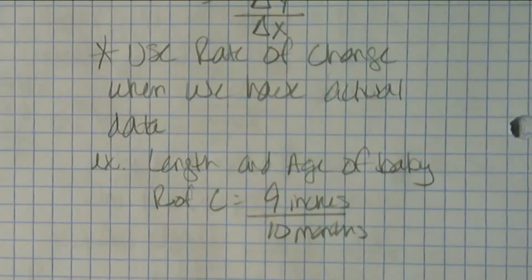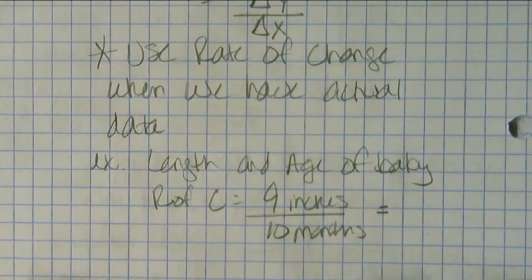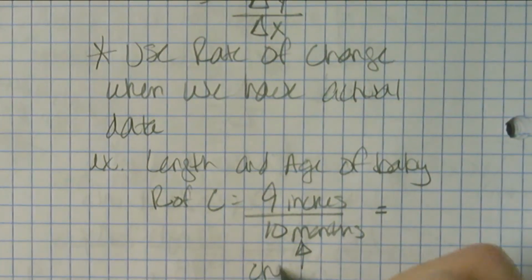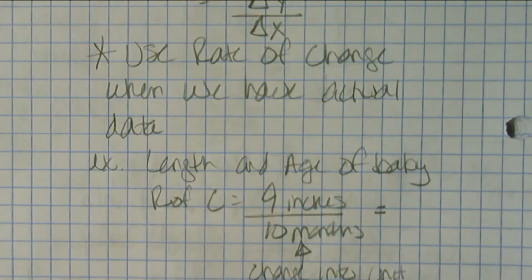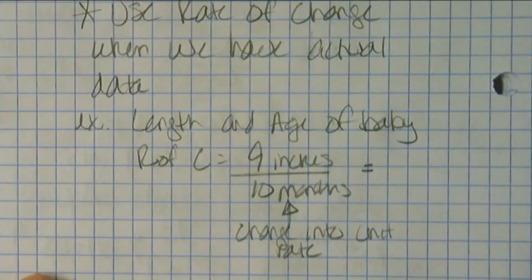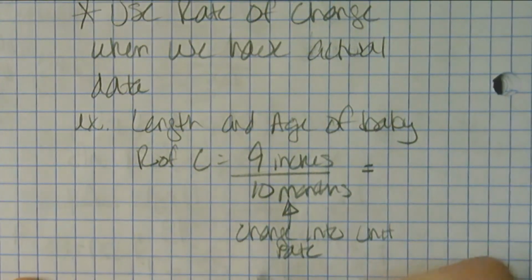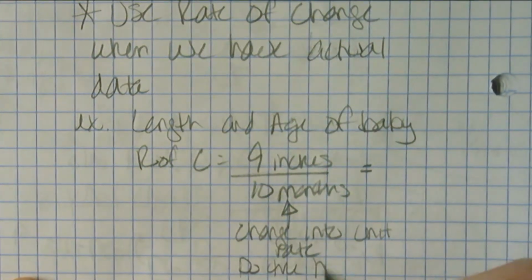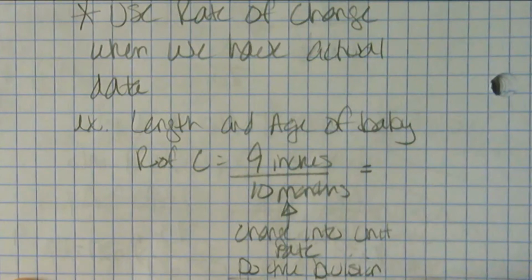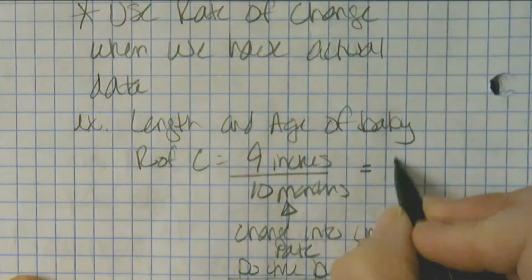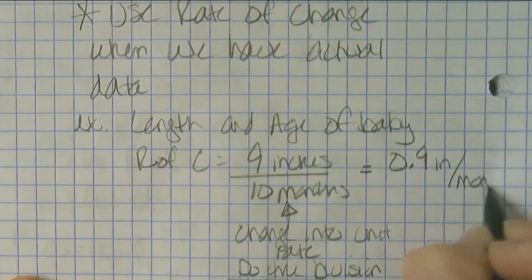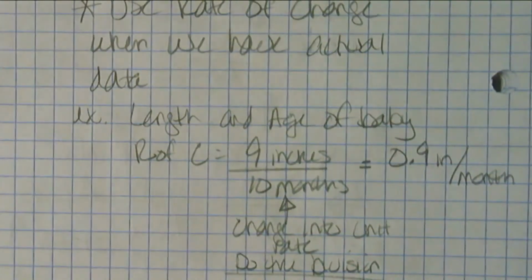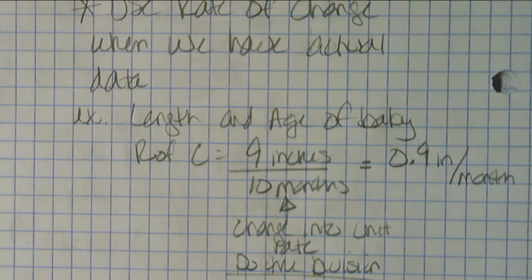So we use rate of change when we actually have data. But we always want to change that into a unit rate, so do the division. This ended up being 0.9 inches per month. So rate of change is when we have actual data.